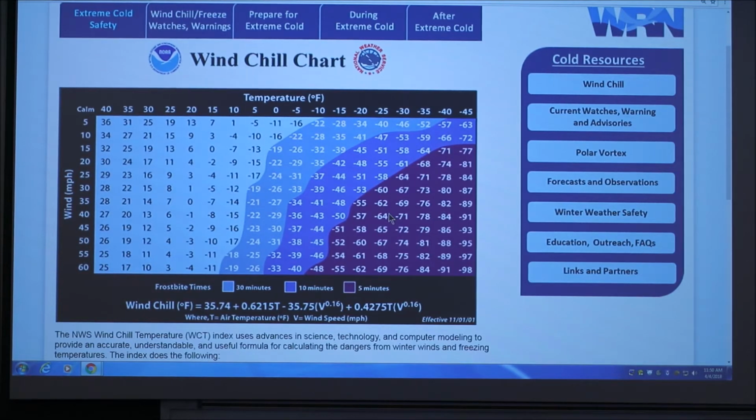I think they've made the temperatures less, because to get 80 below wind chill, you'd have to be off here someplace, and it's not too far away from what it was. It might have been 30 below zero. So if it was 30 below zero when I was going out to the swine farm, it would have been something in here. Maybe on that chart it was 67. But I remember the radio guy says, it's minus 80 below. Don't expose any skin because it's going to freeze. So, yeah, a lot of wind up there. Dangerous, actually. Okay, so that's the wind chill chart.